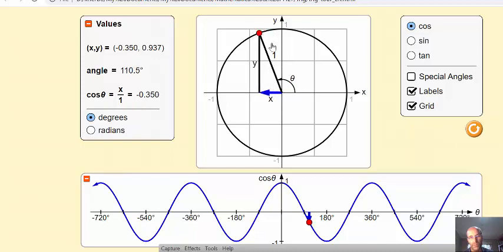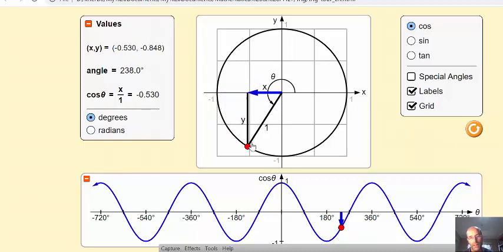Now it's negative. X is negative because it's gone left of the origin, and you can see the y value of cos theta is underneath, so it's negative as well. So the cos theta values are all negative there. Now it's at its most negative because the blue arrow is pointing at its longest amount in the negative direction, and it's only going to get shorter from there.